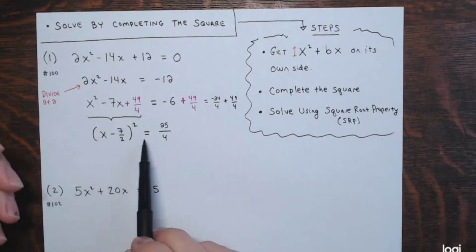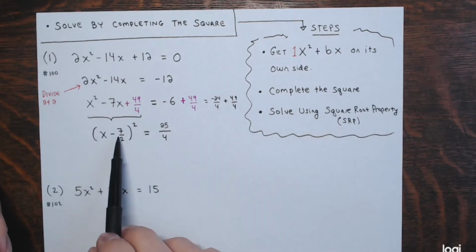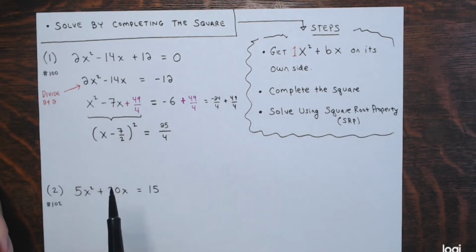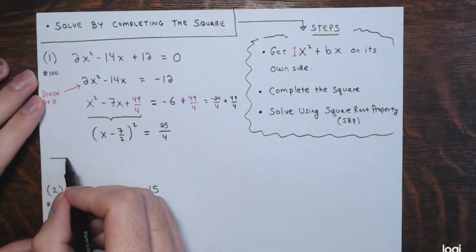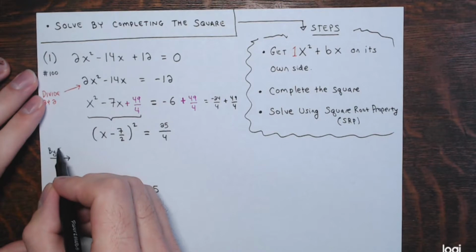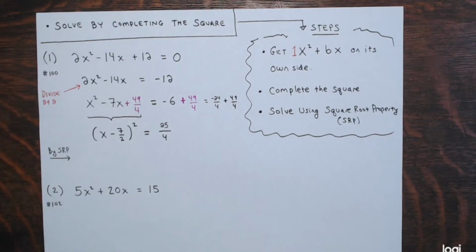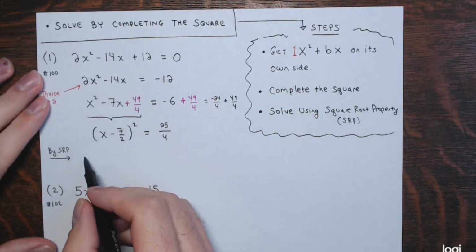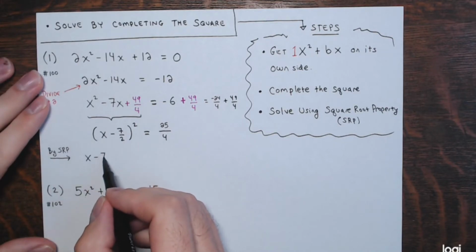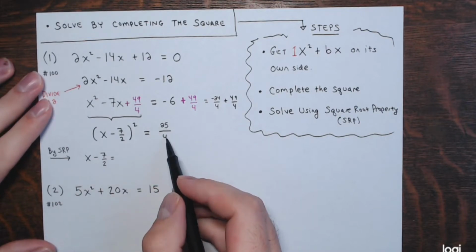And now I have a scenario where I can use the square root property, where you have something squared equal to a number. So by the square root property, or I'll just write SRP for the future, x minus 7 halves is either the positive square root of 25 fourths.